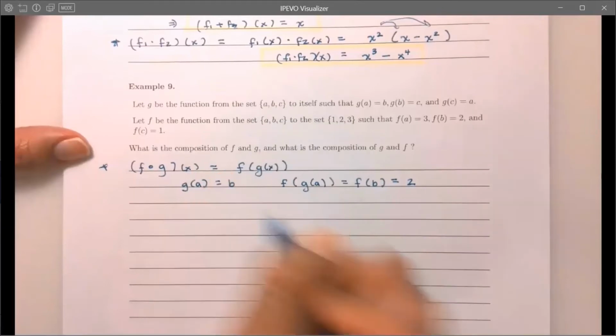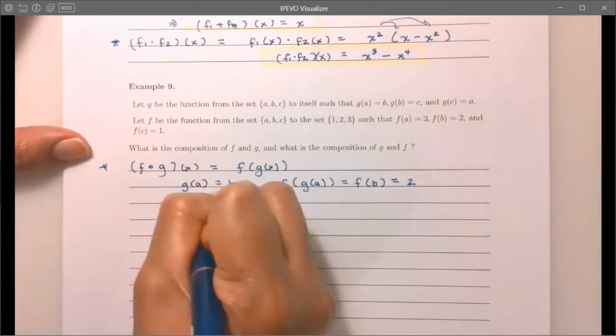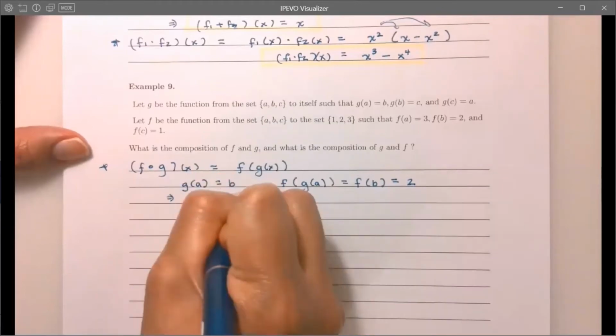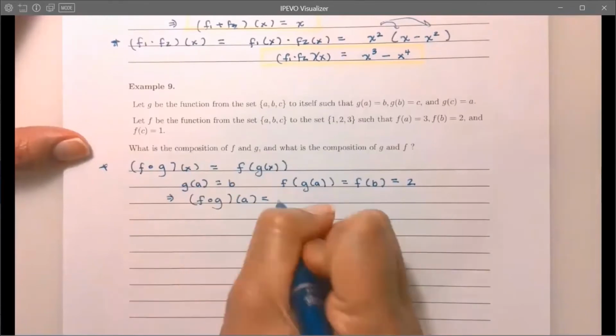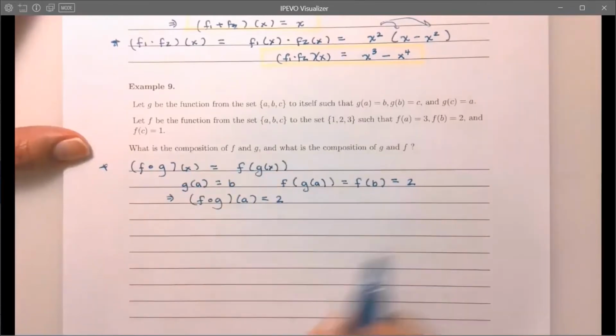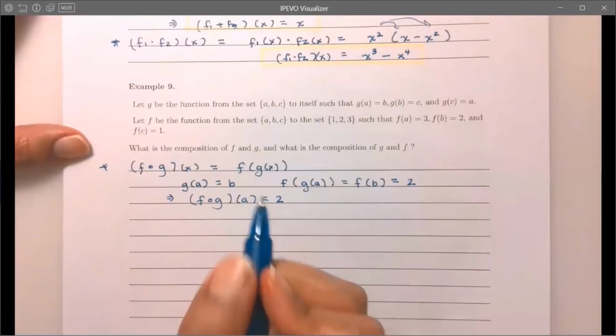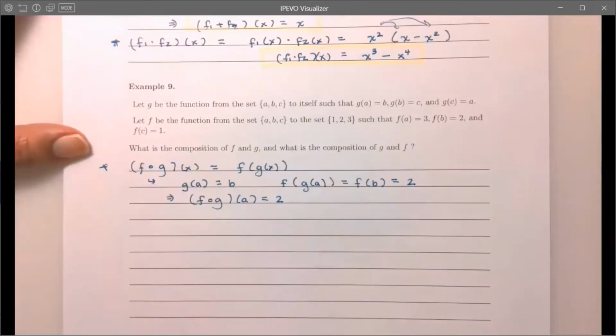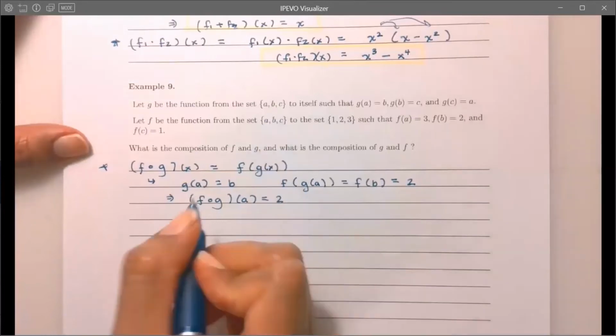So let me just write that. F of g of A is equal to 2. All right, now that was only one element. We have to consider all the possible inputs for g, which are B and C. So let's look at the next one.